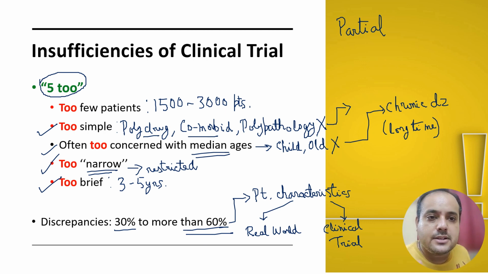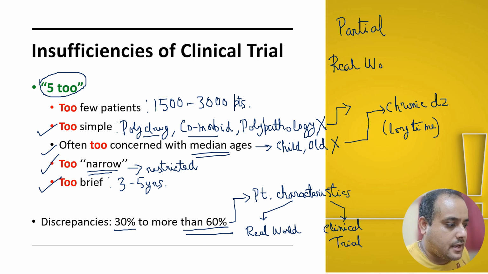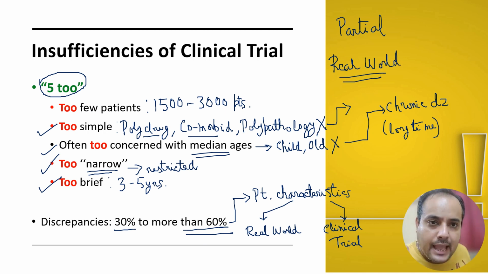That is why, students, you must understand that we need something which is going to evaluate the drug in real world scenarios. And that is where the concept of pharmacoepidemiology comes into being.